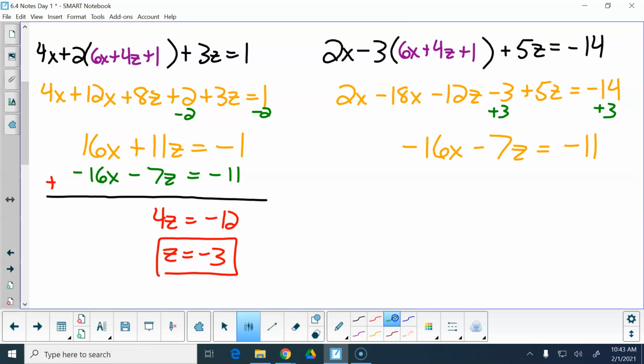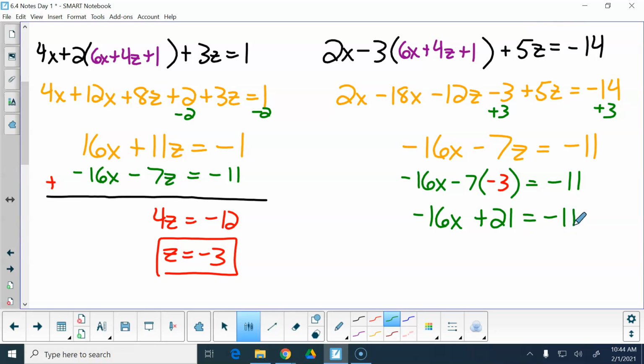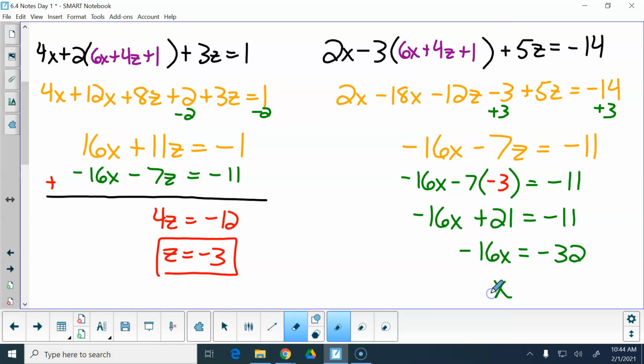Plug negative 3 back in. Negative 11. So that's negative 16x plus 21 equals negative 11. Negative 16x equals negative 32. X equals 2.